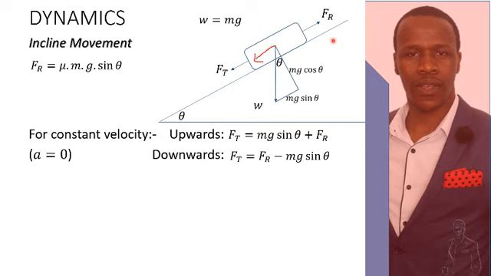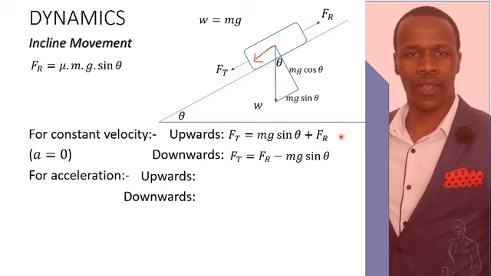Then we are done with constant velocity or acceleration equal to 0. Now let's look at the second concern, which is about acceleration. Also we have up and down. Now for acceleration, if we have this formula, we'll just add acceleration there. We'll just say plus acceleration.